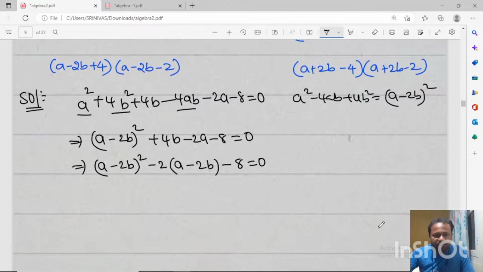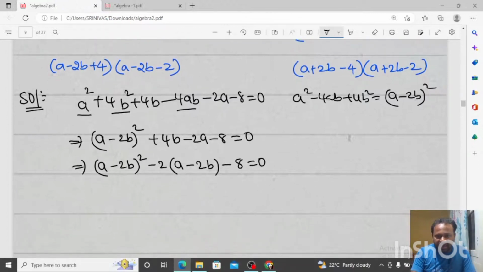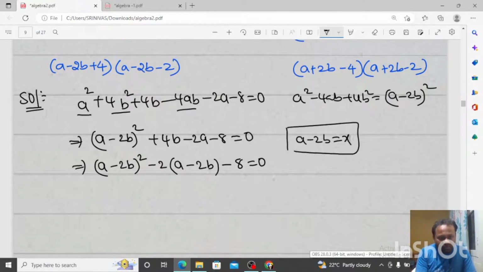Now I will take a minus 2b is equal to x. Then what we get? X square minus 2x minus 8 is equal to 0.